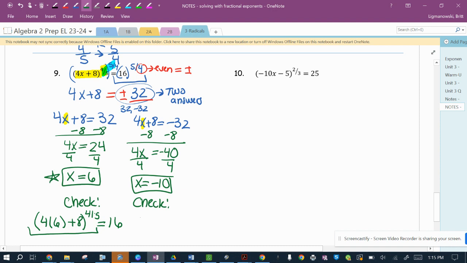Now let's do the same thing for this one. So 4 times negative 10, 4 multiplica negativo 10, más 8 plus 8 to the 4 over 5, and again, we're hoping it equals 16.